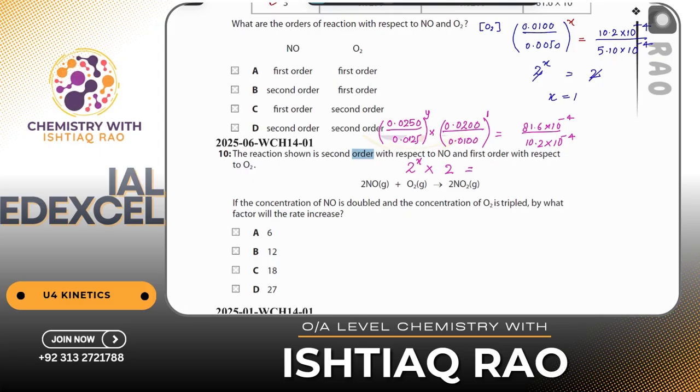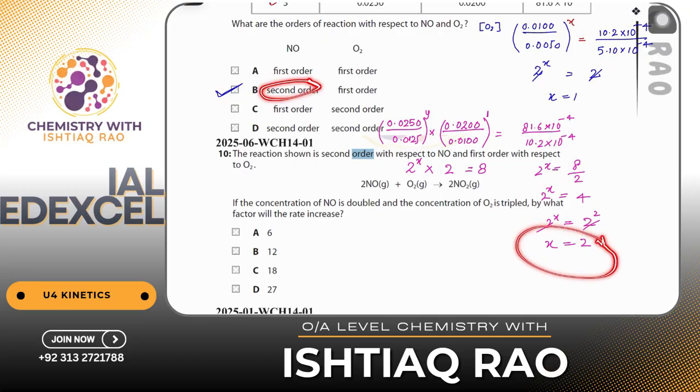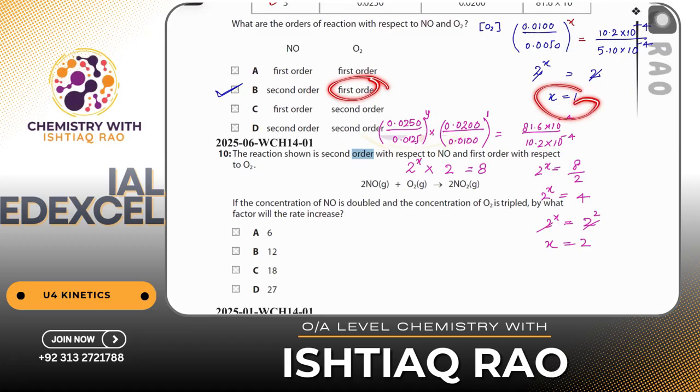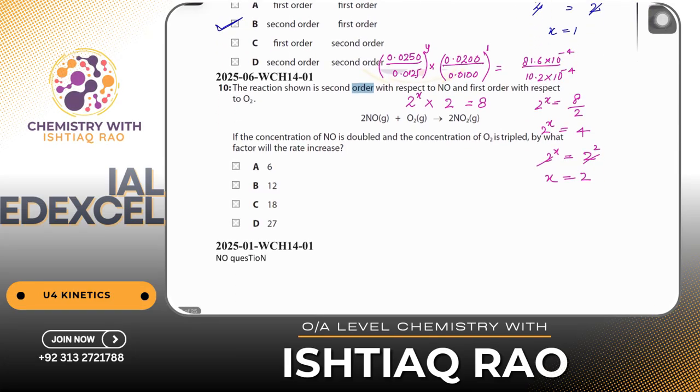So after simplification, I get 2 raised to the power y is equal to 8 upon 2, that is equal to 4. So 2 raised to the power y is equal to, I can write 4 as 2 to the power 2. So they are cancelling each other, y is equal to 2. So this is second order. So the answer is B, because in B, the order with respect to NO is second. I'm getting second, and this is going to be first. I was getting first, right?